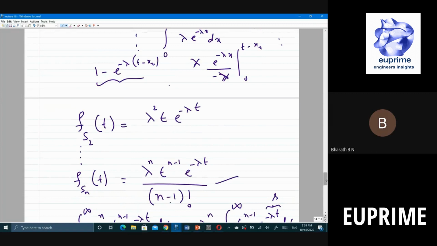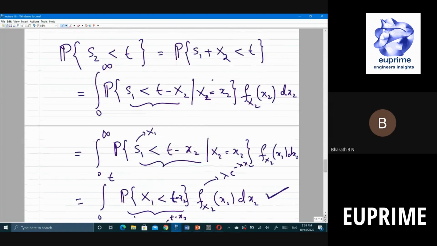You can follow the same procedure here. Instead of S1, you will have Sn, S2, and Sn being less than this, and you multiply it by the density, so you condition on all the previous instances, for example, S_{n-1}.